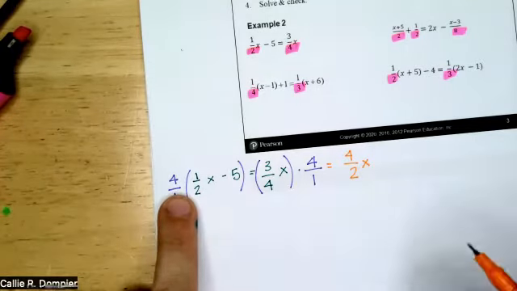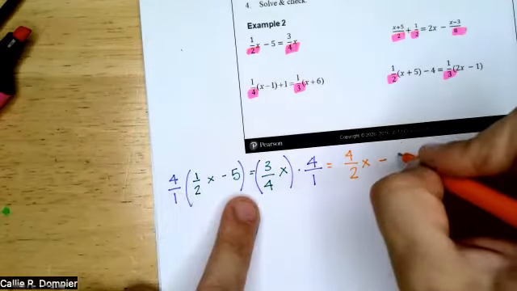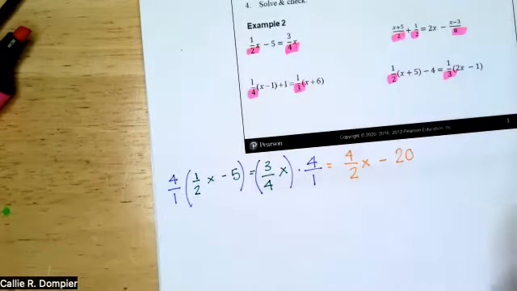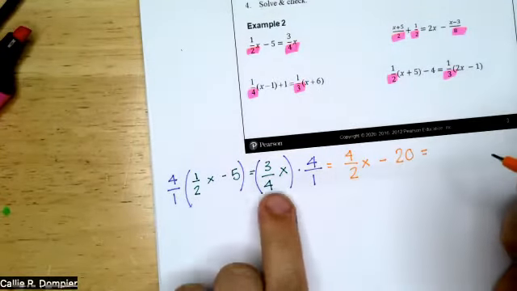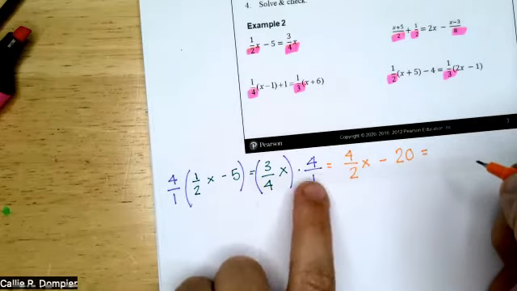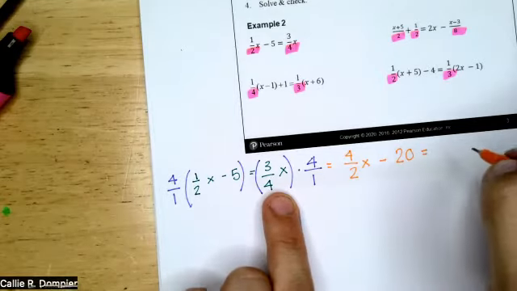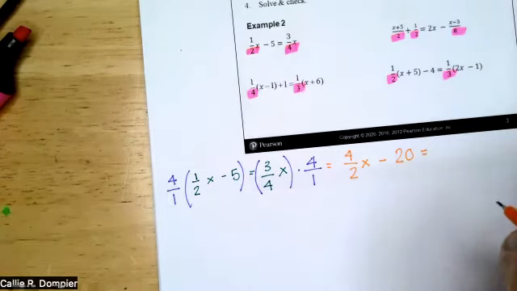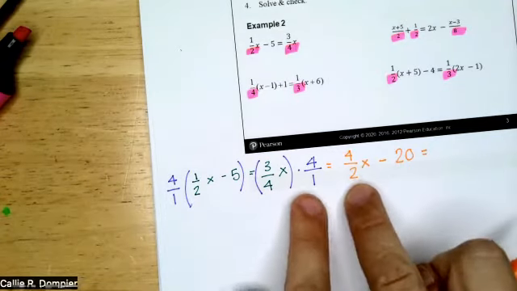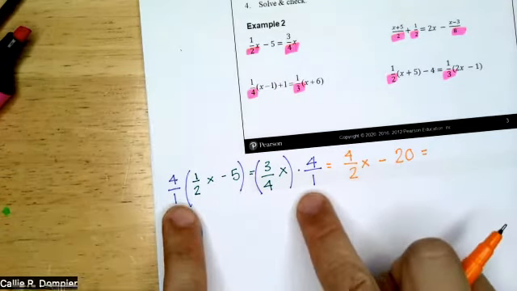-5 times that same 4. -5 times 4 is 20, right? 3 times 4 divided by 4. Sorry, I thought that was my answer for that one.